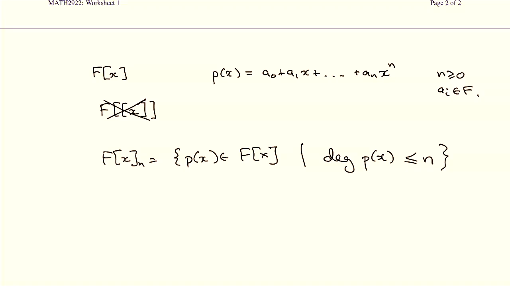You know what this means? That's just a C, a curly C. This is functions from R to R that are continuous. And this notation, the 0 and 1 are just notation.